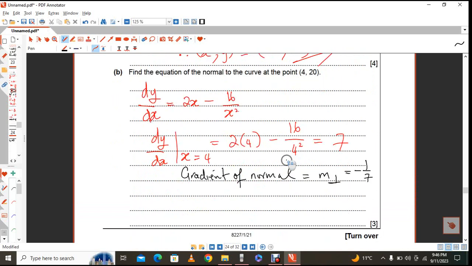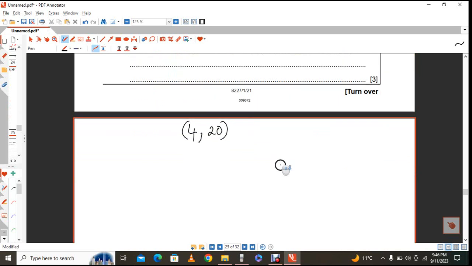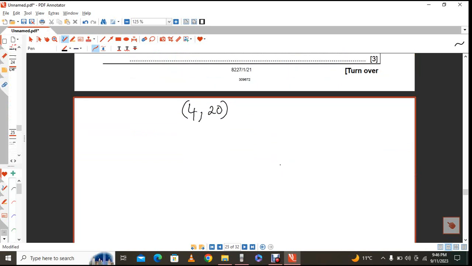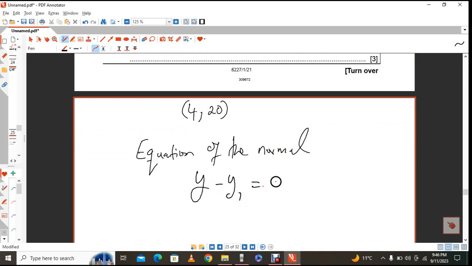So that is a point that is being shared. So the equation of the normal is y minus y sub 1 is equal to negative 1 over m, which is the gradient, times x minus x sub 1.